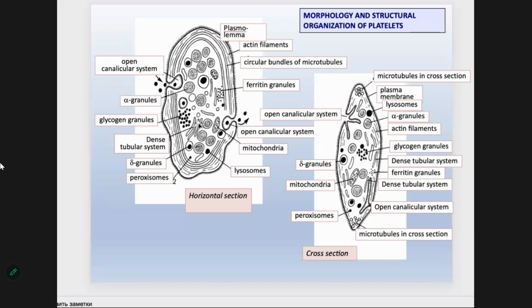And dense tubular or dense canalicular system is slim tubules inside the platelet, which store calcium ions and also produce prostaglandins. Prostaglandins are biologically active substances which are necessary for the processes of blood coagulation.